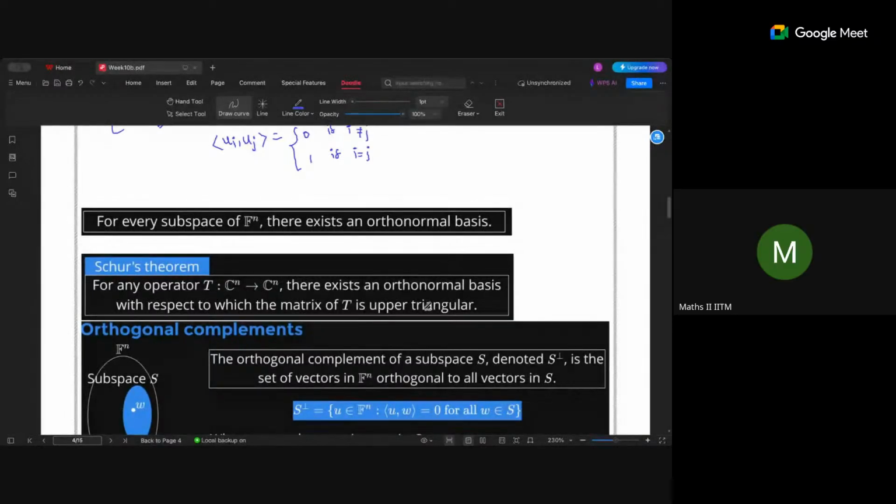So we have a basis with respect to which the matrix is triangular. You take that basis and apply Gram-Schmidt. Then you will have an orthonormal basis with respect to which the matrix is upper triangular. Okay, so these are some things to know.